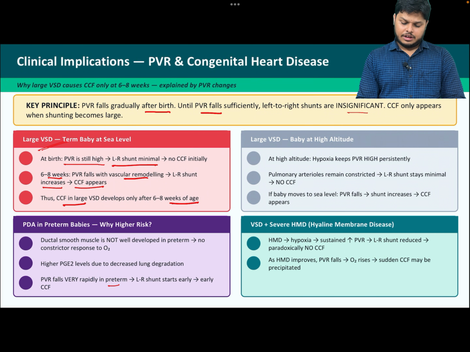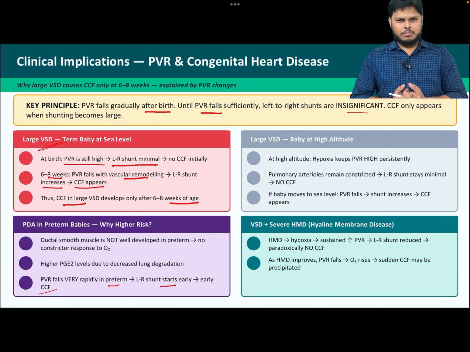The left to right shunt starts early, so early CCF. In preterm there is lesser musculature due to prematurity itself. So that's why the PDA, if we give a greater amount of fluid also, there is a risk that the ductus arteriosus would open up, and they present with early CCF.